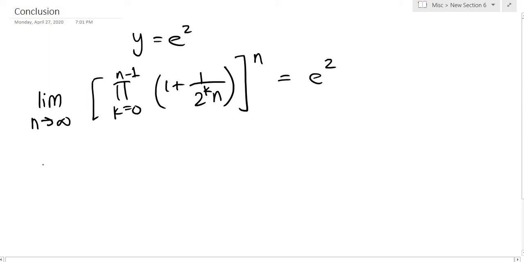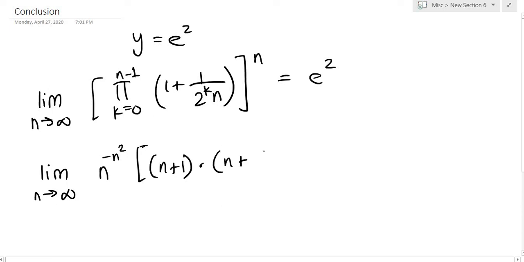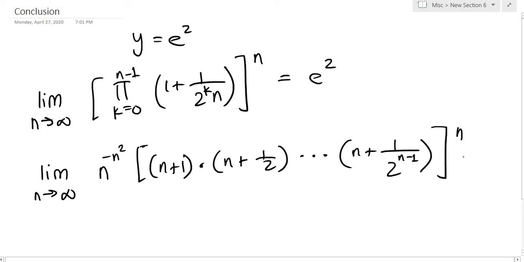But why don't we write this in the original form that we received our question? The limit as n approaches infinity of n to the negative n squared power, and then in brackets we have n plus 1 times n plus 1 half dot dot dot n plus 1 over 2 to the n minus 1 power, everything raised to n, that is equal to e squared.